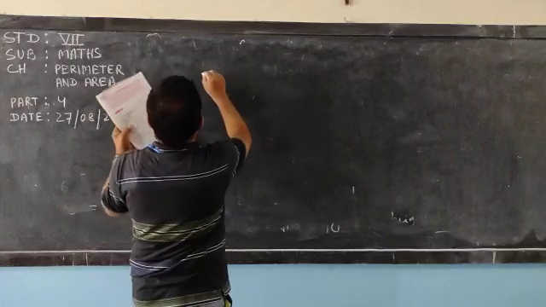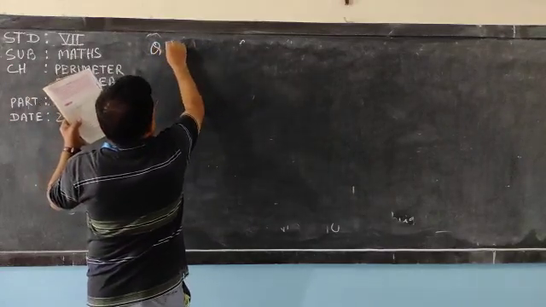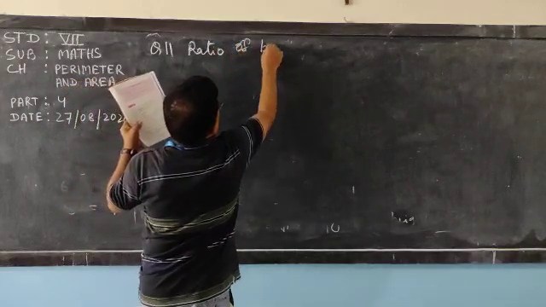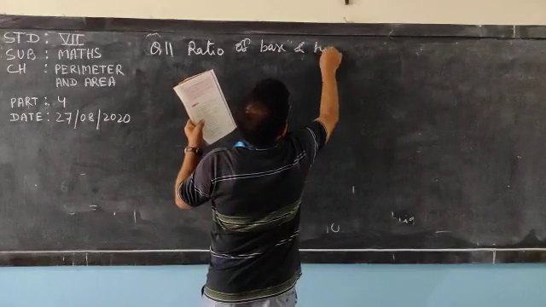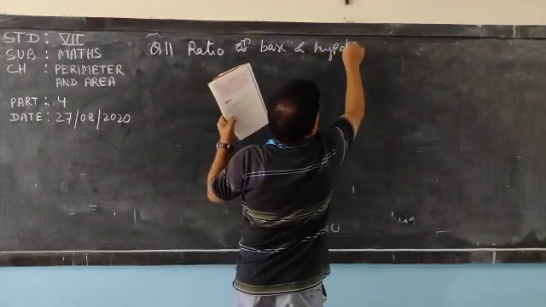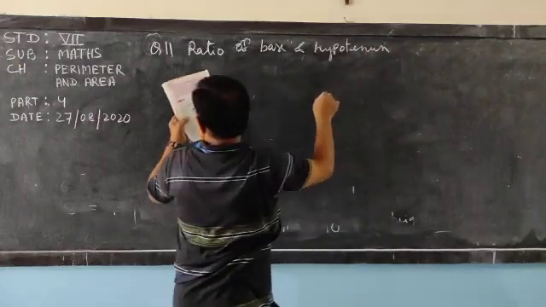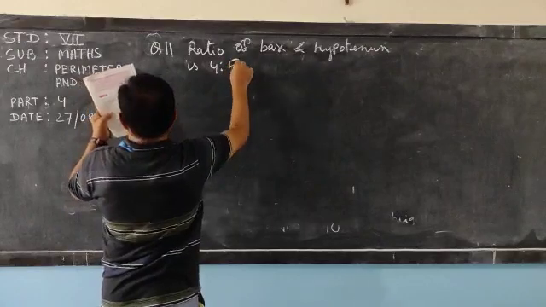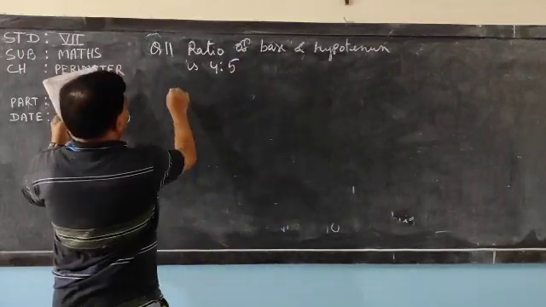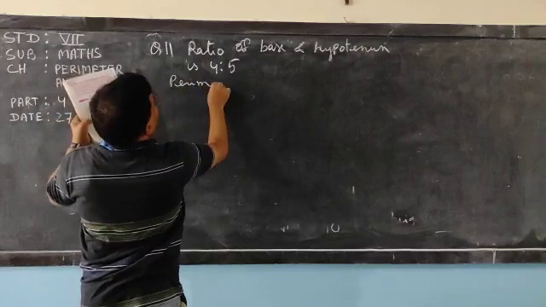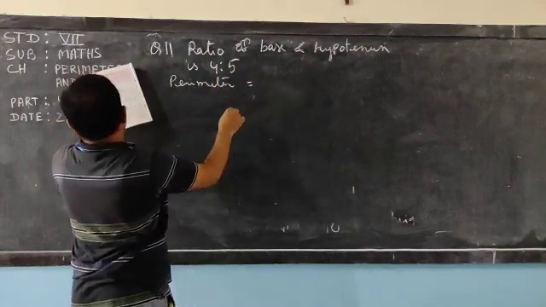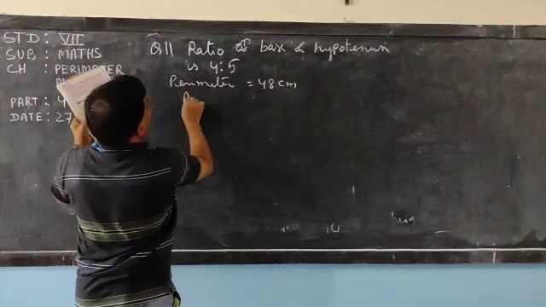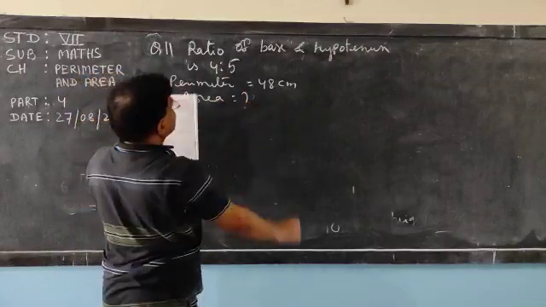Ratio of base and hypotenuse is 4:5 and perimeter is equal to 48 centimeter. Find the area.